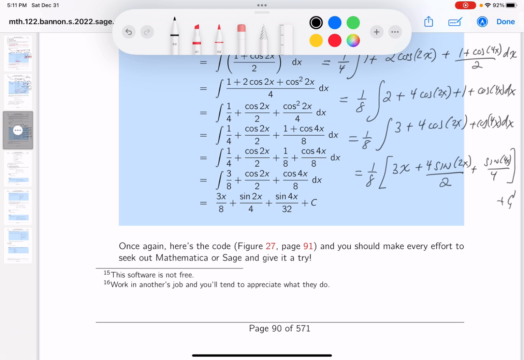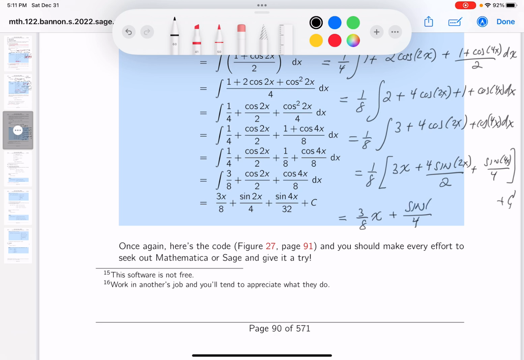I'm going to clean it up a tiny little bit, and I'm going to write this down as 3/8 of an x. Let's see, 8 times 2 is 16. It goes in 4 times, right?